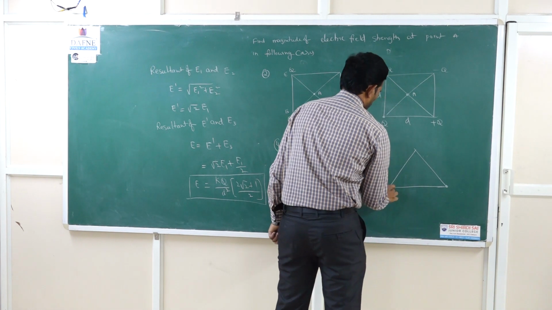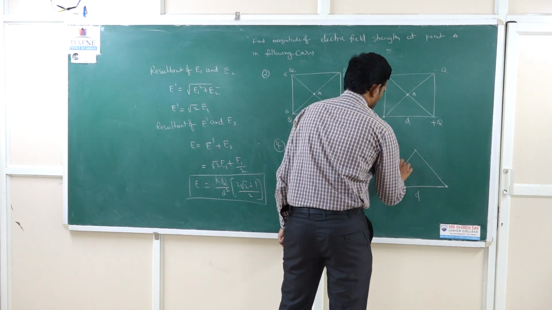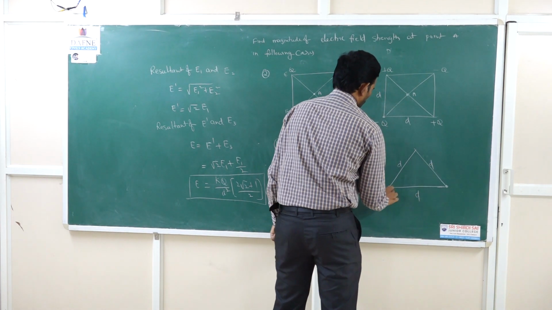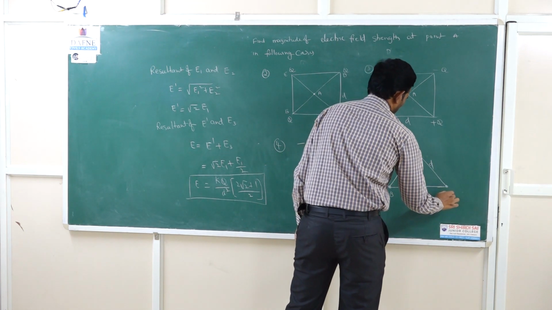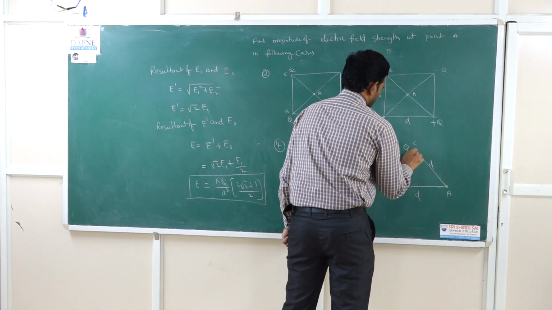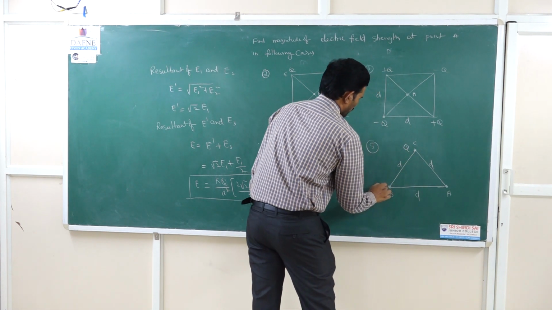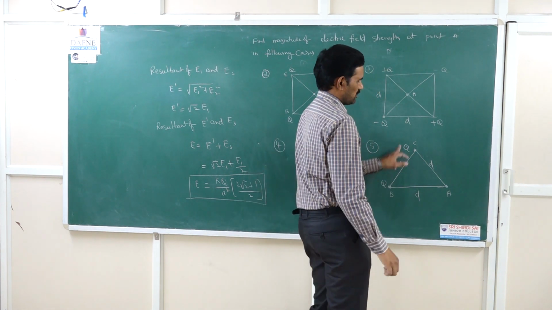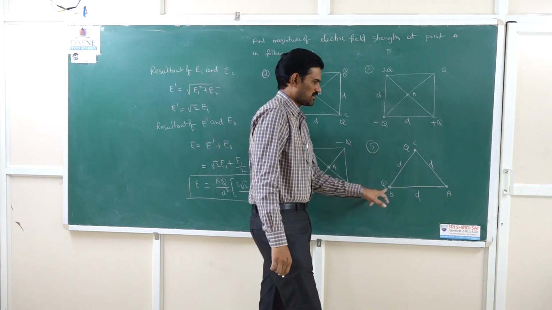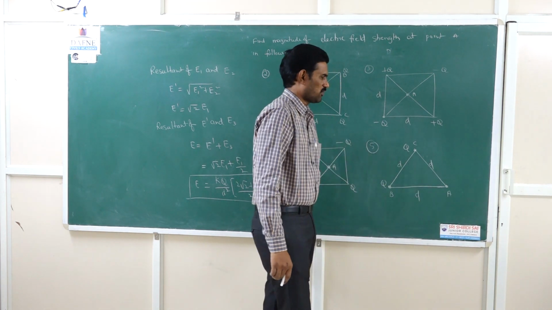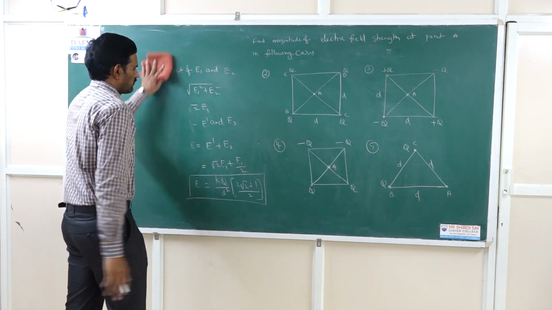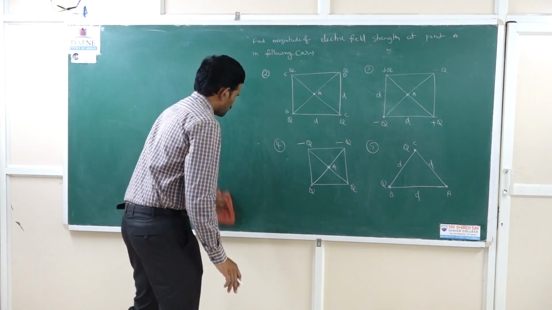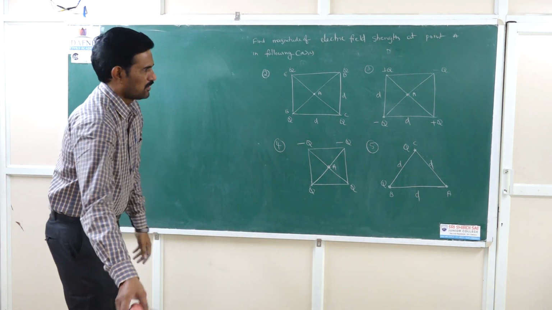So this is an equilateral triangle, let us consider now. Here this is B, this is C, and this is the point A. So here two charges are there at the points B and C. So with two point charges at B and C, we need to find electric field strength at the point A, where there is no charge. At A, in that configuration, the fifth one, there is no charge at point A.